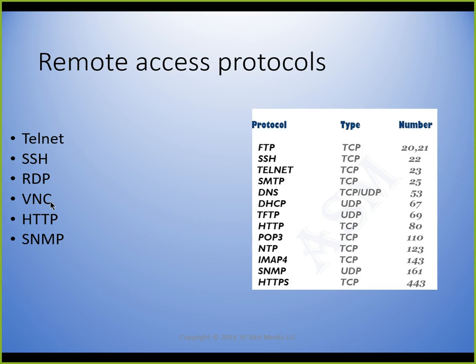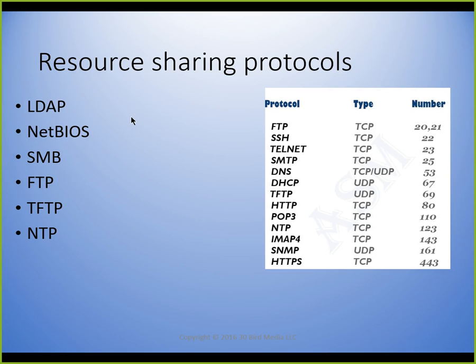It's a kind of a commercial version of remote desktop that allows a little bit more flexibility, I guess is the word that I'm looking for. HTTP is going to be port 80, TCP port 80. SNMP is going to be UDP port 161. It actually is 161 and 162. It has two ports in here.